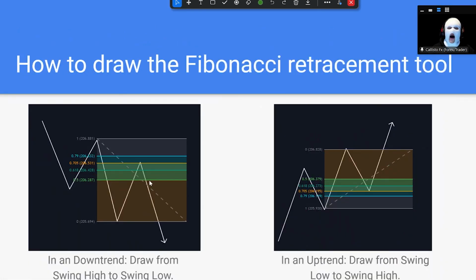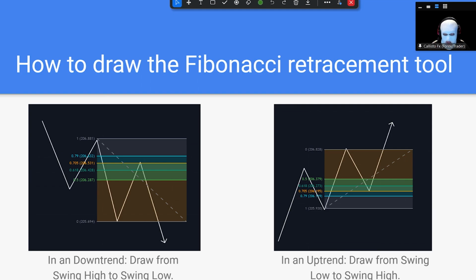Now, how do you draw your Fibonacci tool? I want to make sure that you guys here understand. In the markets, there are normally 3 types of markets, right? We have the bullish market, we have the ranging market, and we have the bearish market. Now, Fibonacci retracement tools work better in a bullish or bearish market, trending markets basically.